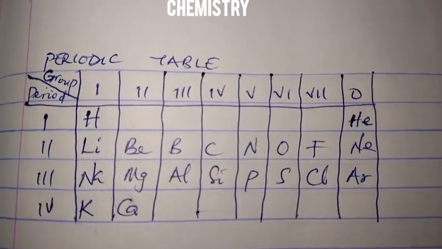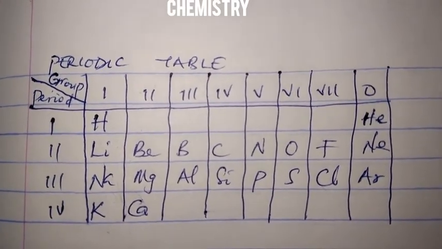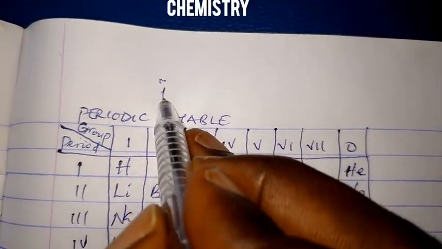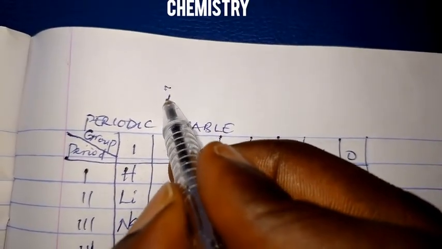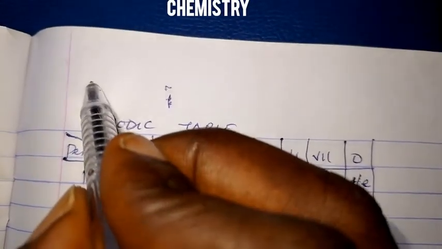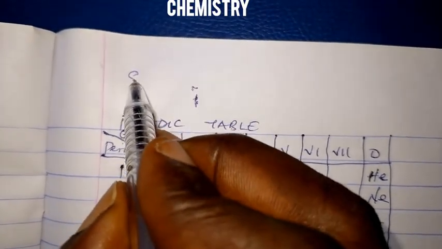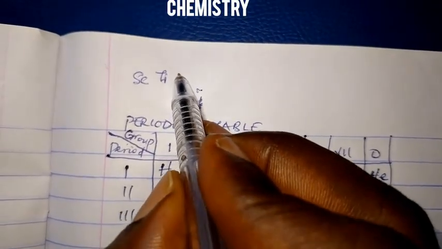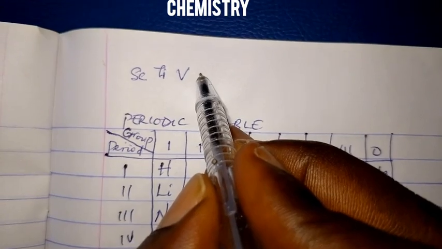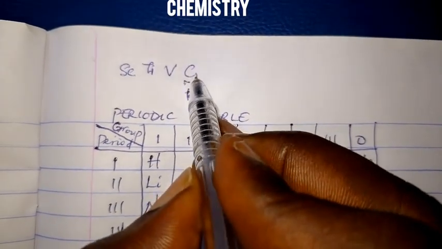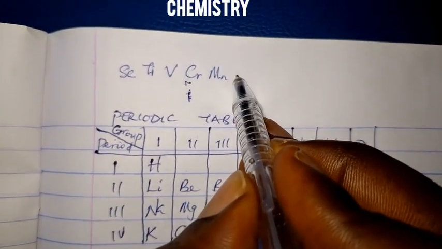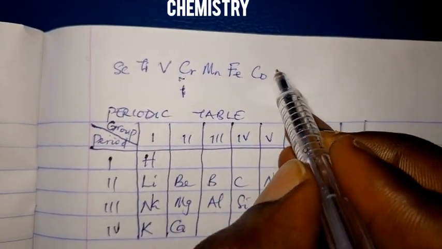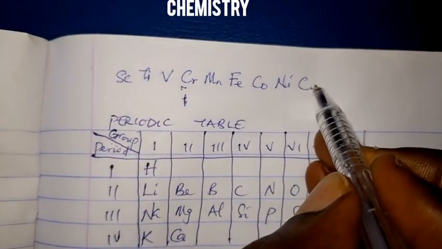But if you still want to know the first 30, let me just write it here. Element 21 is scandium, 22 is titanium, vanadium, chromium, manganese, iron, cobalt, nickel, copper, and zinc.